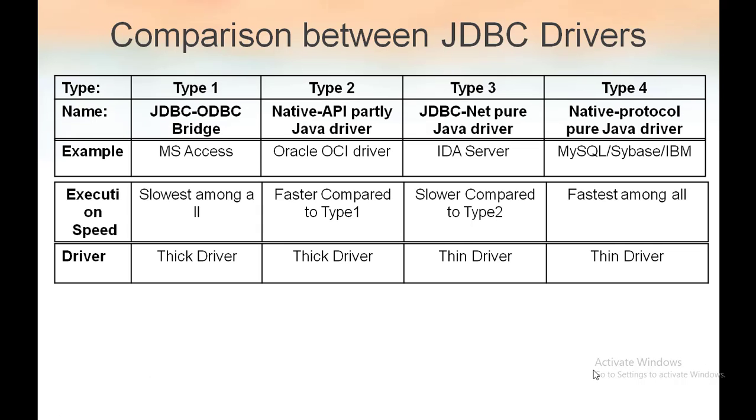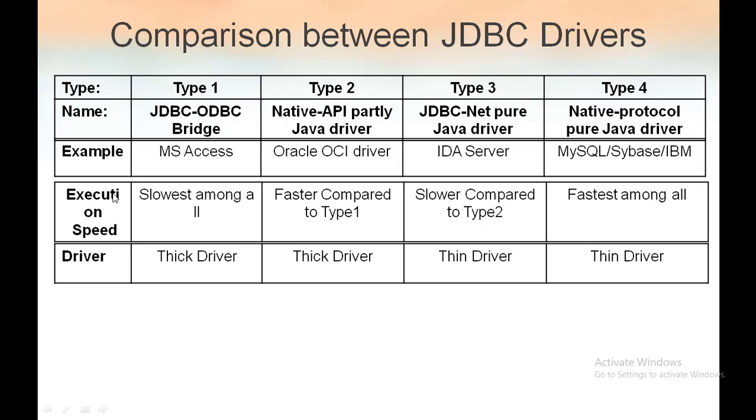Example of type 1 driver is MS Access. Type 2 driver example is Oracle OCI driver. IDS server is a type 3 driver. MySQL, Sybase, IBM are type 4 drivers.